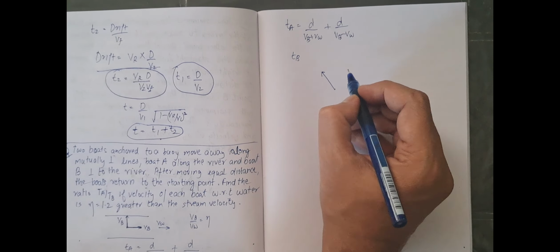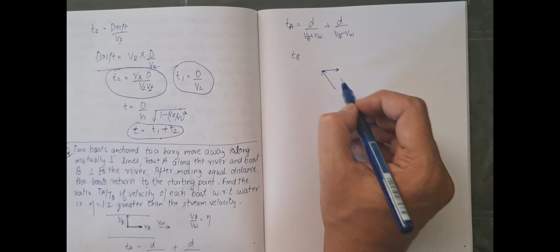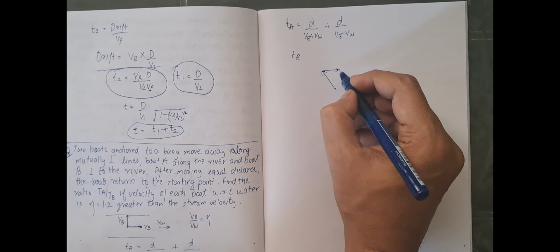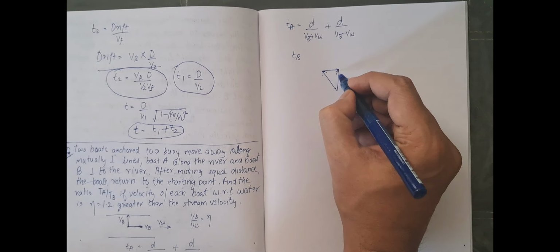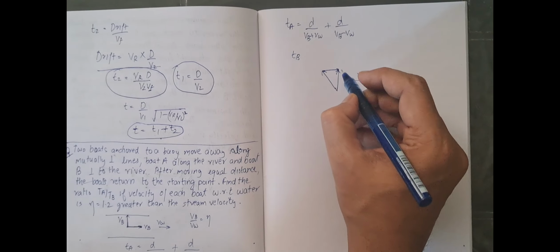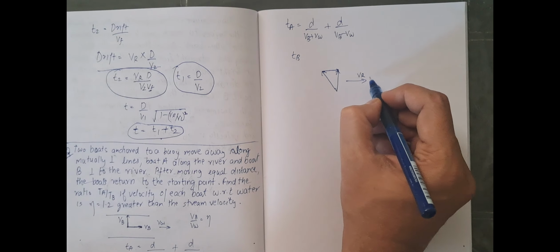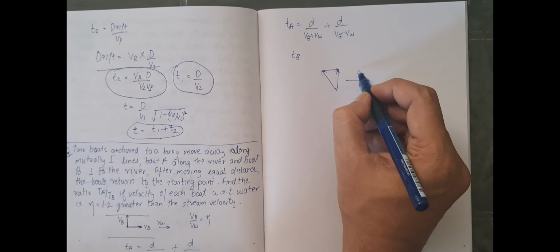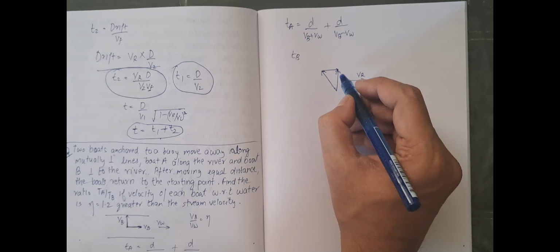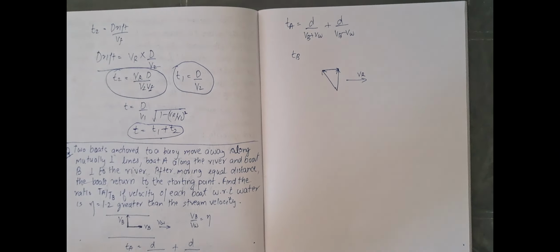The velocity vector of the river gets added to the velocity vector of the boat with respect to the water, and the resultant velocity vector will be like this. The velocity vector of the water is like this. So the resultant velocity vector is perpendicular to the direction of the velocity vector of the river, which is why we say that boat B travels perpendicular to the river.